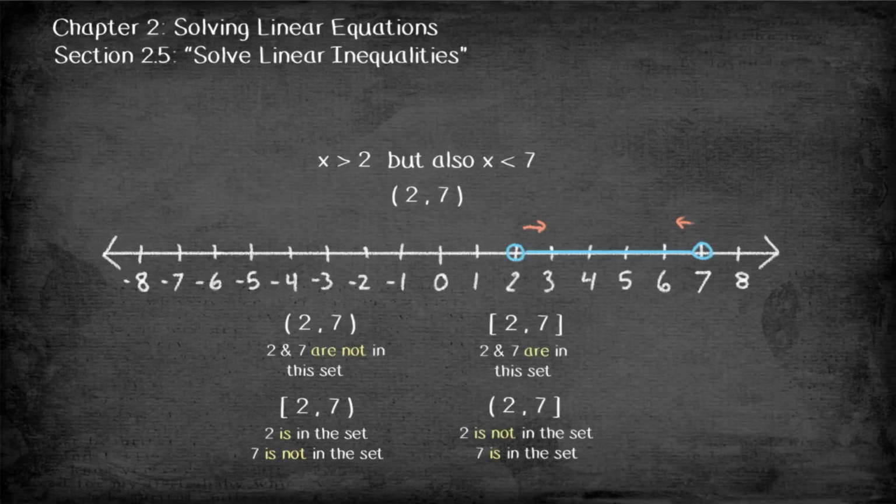In total, we have 4 different ways of writing the end symbols when we're talking about a bounded interval. In the upper left here, we have the open interval from 2 to 7, which is drawn in blue. Brackets on the left and right side indicate that both of the endpoints, 2 and 7, are included in the set.